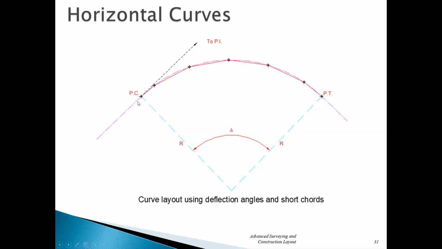Now, you're still turning the same angle. You turn the angle from the PC to that point and the angle to this one. So you still have those deflection angles, but you're laying it out differently.